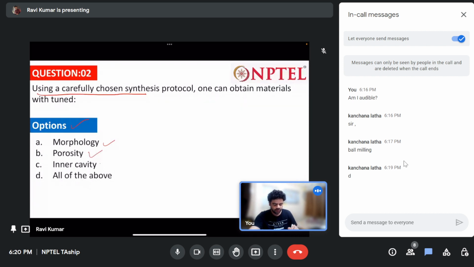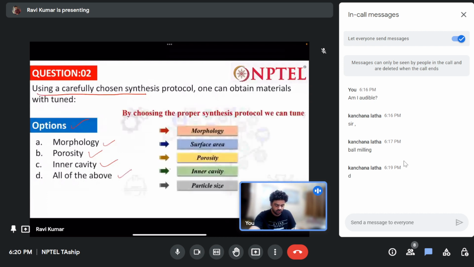From the lecture, by choosing the proper synthesis protocol, we can tune morphology, surface area, porosity, and inner cavity. So all three, then all of the above. The answer of this question is D.